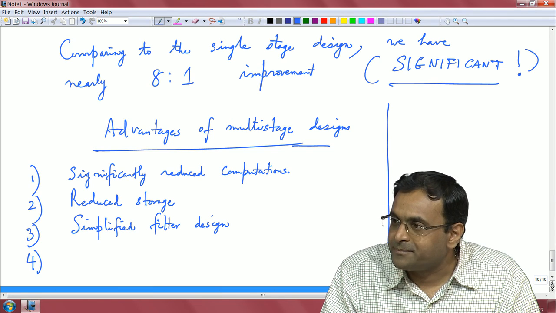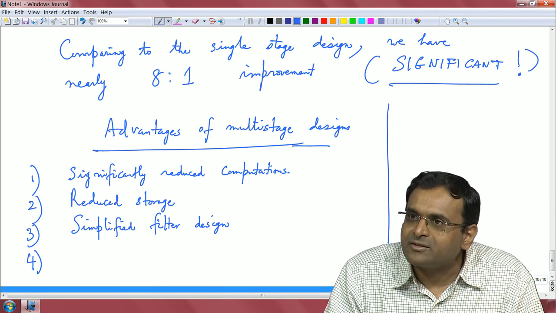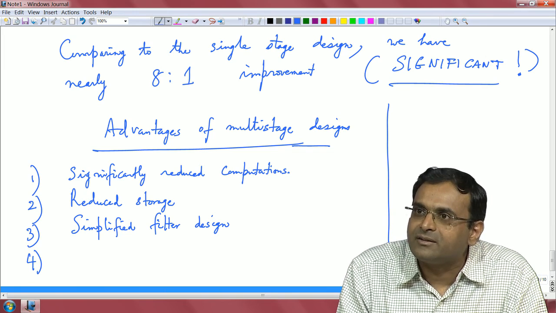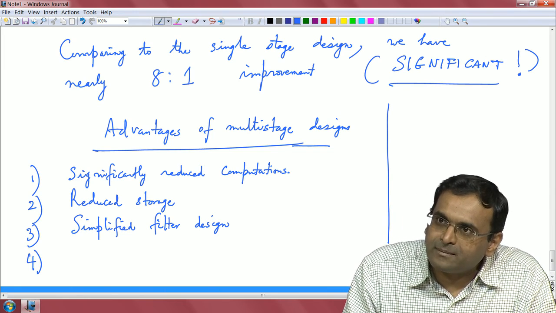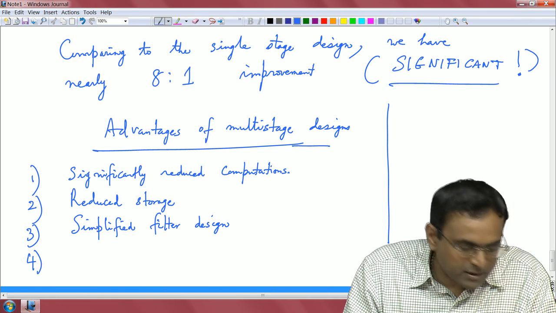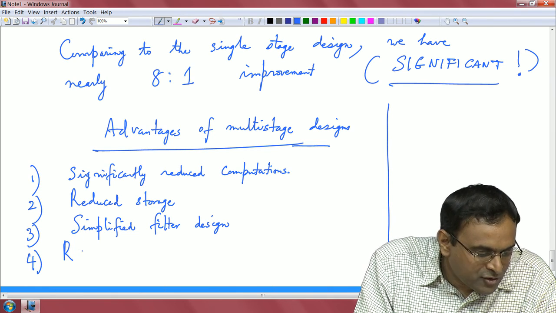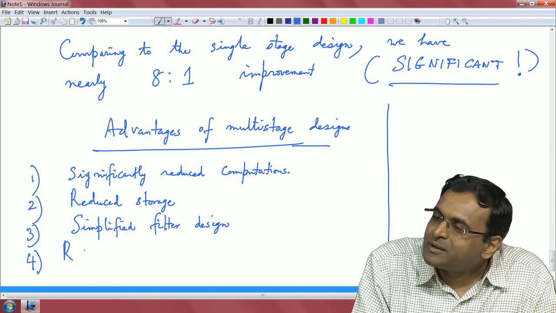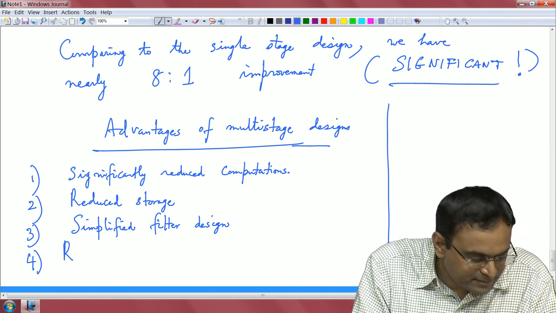So, therefore, it is important to have reduced filter orders, so that we have reduced finite word length effects, and therefore lower round off noise and sensitivity issues. This is very important, and particularly if you are launching a satellite, putting these filters etc., you have to be very careful about quantization effects.